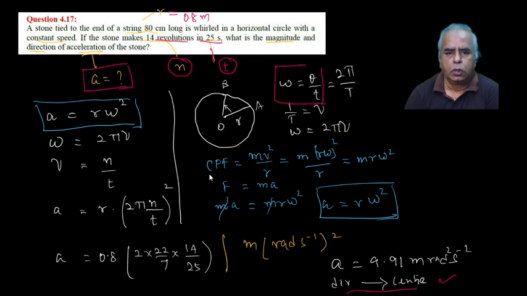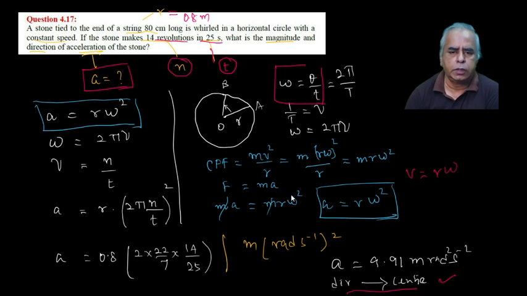Now, centripetal force is mv squared divided by r. We know v is equal to r omega. So v squared is equal to r squared omega squared. So we can substitute here and strike out r. Now we are able to get m r omega squared. So that is the centripetal force.